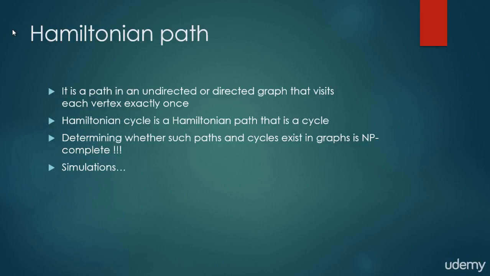So a Hamiltonian path is a path in an undirected or directed graph that visits each vertex exactly once. It's very important that we visit each one exactly once. So a Hamiltonian cycle is a Hamiltonian path that forms a cycle. And determining whether such paths and cycles exist in graphs is very, very hard. It's a typical NP-complete problem.